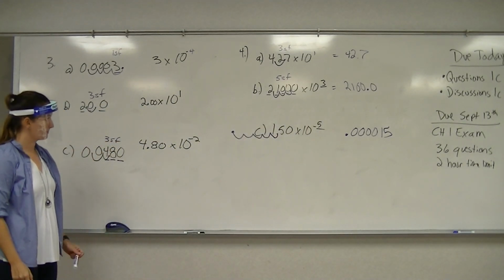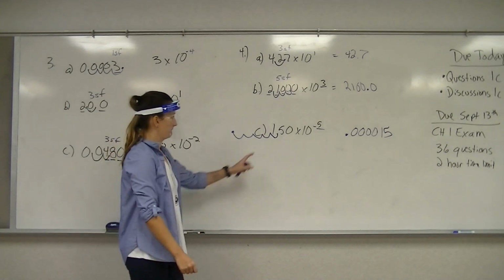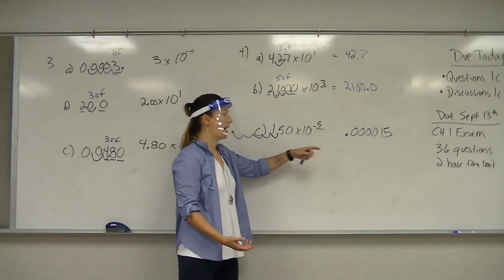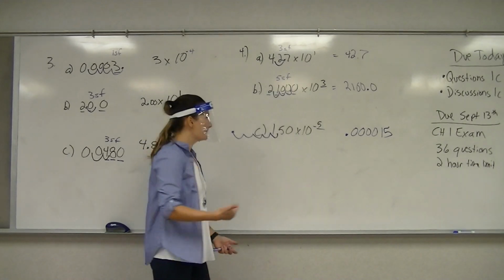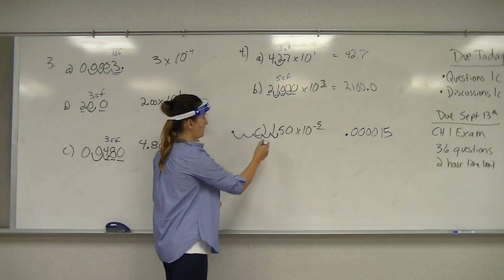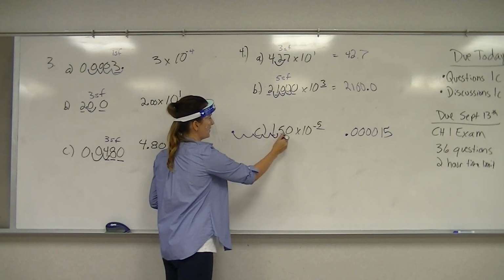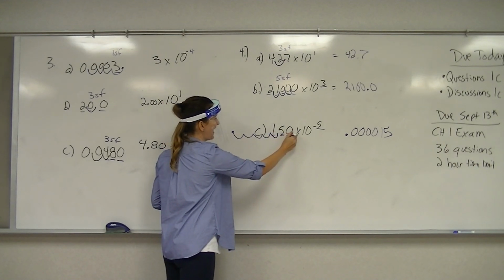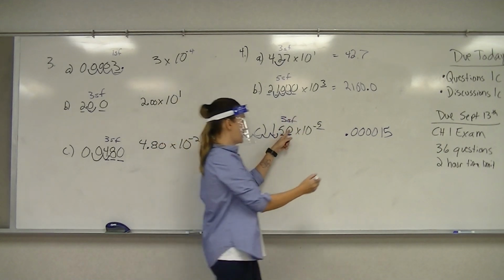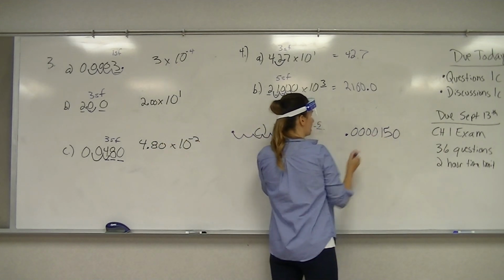No, what did I forget? You need that 0 at the end for the significant figures. So this would be incorrect. I moved it the right amount of times, but my significant figures aren't right. If I would have counted right away, I would have noticed the 1 counts, the 5 counts, and the 0 counts. So since that 0 counts, I need to include it over here.